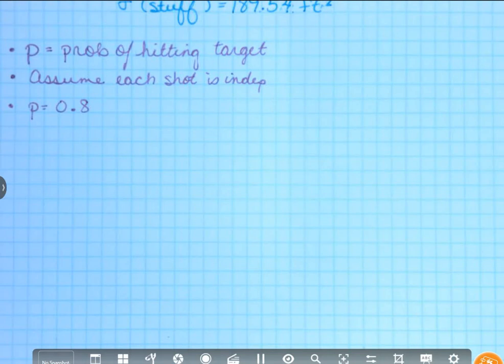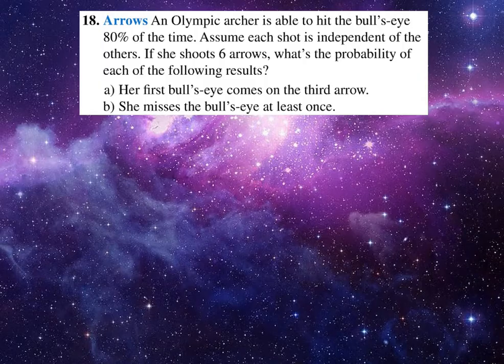Now, A and B were asking two different questions. A was asking her first bullseye comes on the third arrow. What kind of distribution is that? Is that geometric or binomial? Geometric. Why is it geometric?